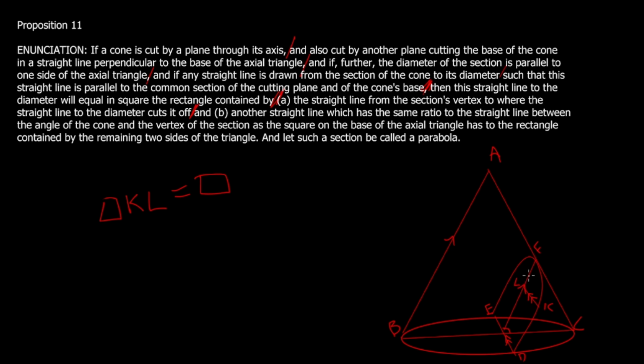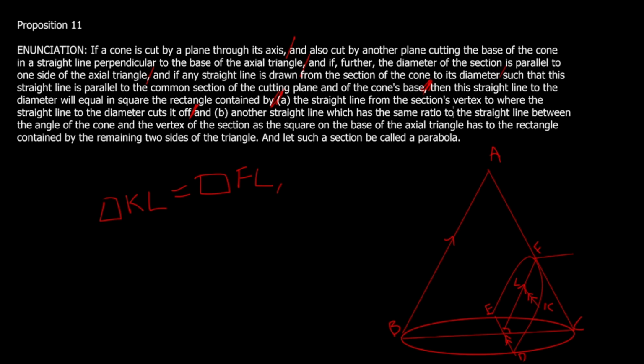That would be FL. And another straight line. It doesn't say which one, so let's construct it. I only know that I'm supposed to construct it in retrospect, but I'll just save you time.